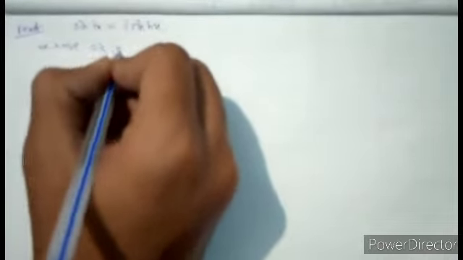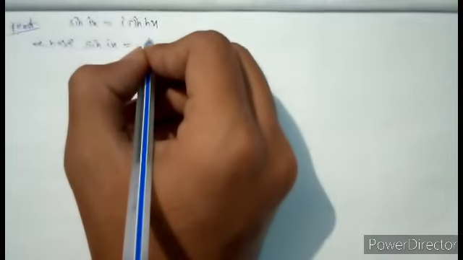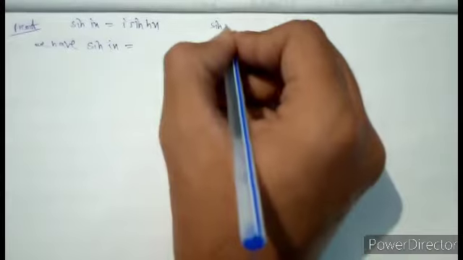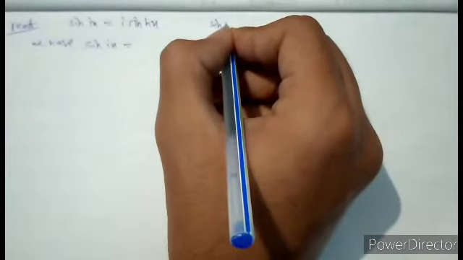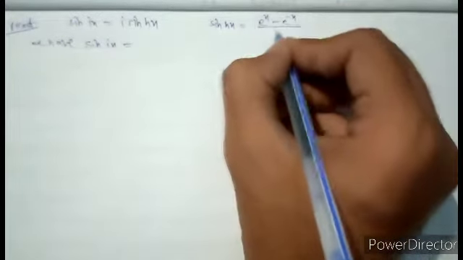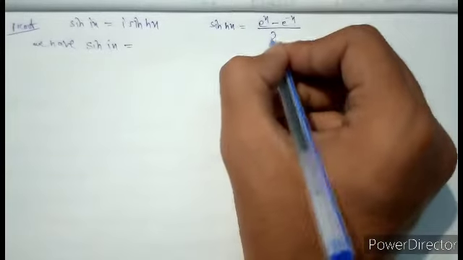We have sin ix. We know the formula that sinh x is equal to (e to the power x minus e to the power minus x) upon 2.